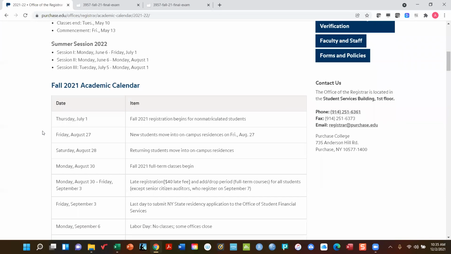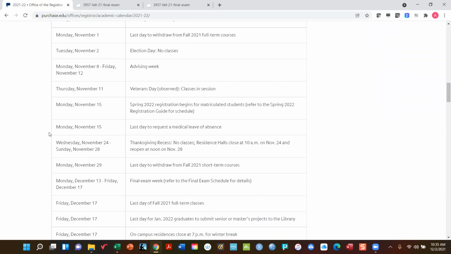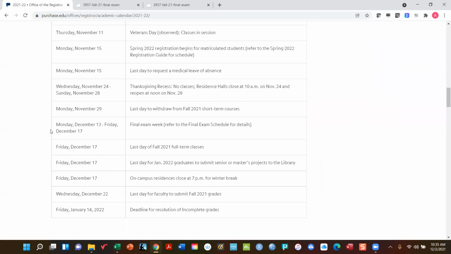So it should say here somewhere, when is the absolute last day to hand in the grades? And by the way, I'm going to grade them as you send them in. So once you send me your final exam, I can just post your final grade. The sooner you want your final grade, the sooner you can send it in. But it looks like the following Wednesday. Oh, that's fine.